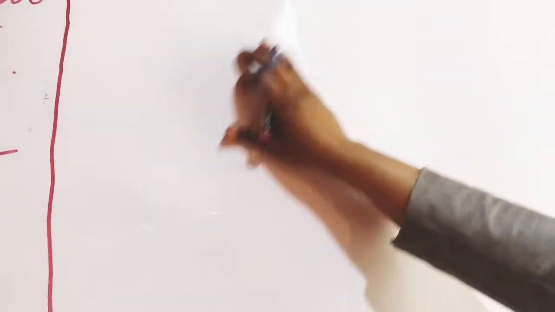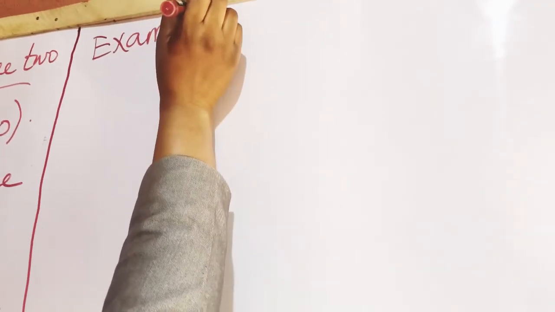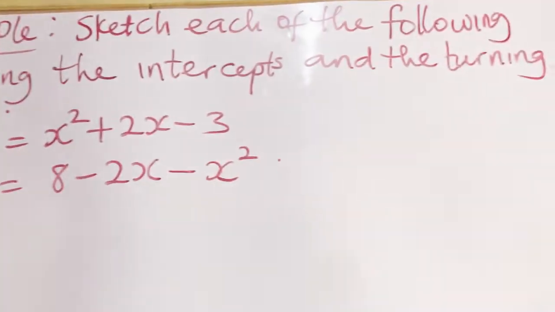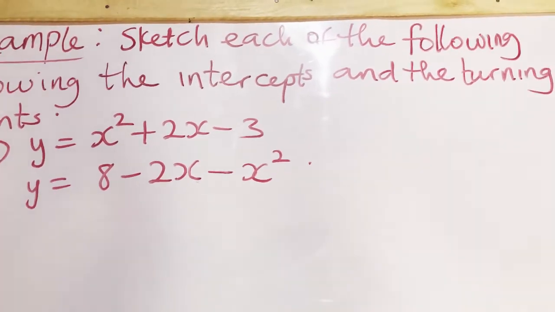So let's solve an example for us to know how to quickly sketch the graph of a parabola, that is, the polynomial of degree 2. Sketch each of the following showing the intercepts and the turning point.